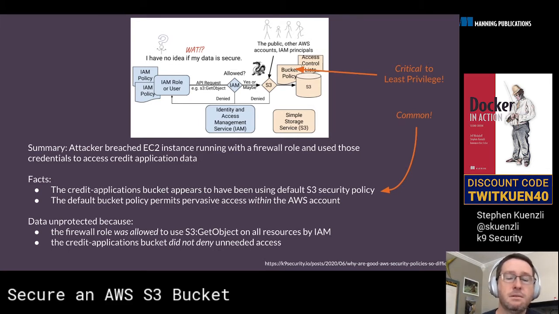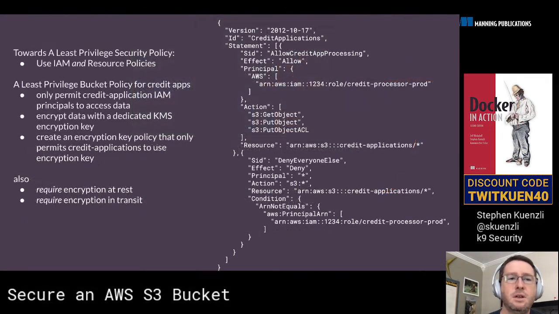And unfortunately, there are a lot of pretty pervasive and open privileges granted often by managed policies from AWS, basically allowing get object against every resource in the account. So we're going to dig into that in a bit of detail today and see how to resolve it.